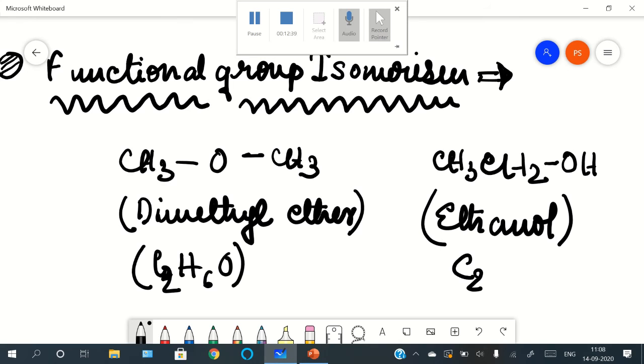Molecular formula is C2H6O. So dimethyl ether and ethanol both have molecular formula C2H6O, but one is ether compound, another one is alcoholic compound. So these two, by only changing the functional group as a whole, are creating two different compounds but having similar molecular formula. So dimethyl ether and ethanol are isomers of each other, specifically functional group isomers of each other.